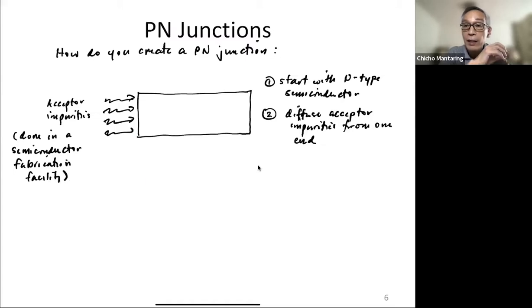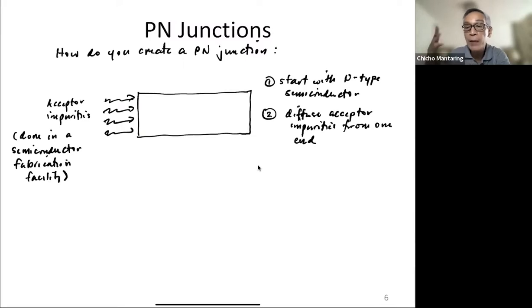And then inside the diffusion oven, they are going to introduce your acceptor impurities, and they do it in such a way that the acceptor impurities are introduced only at one end of the semiconductor.